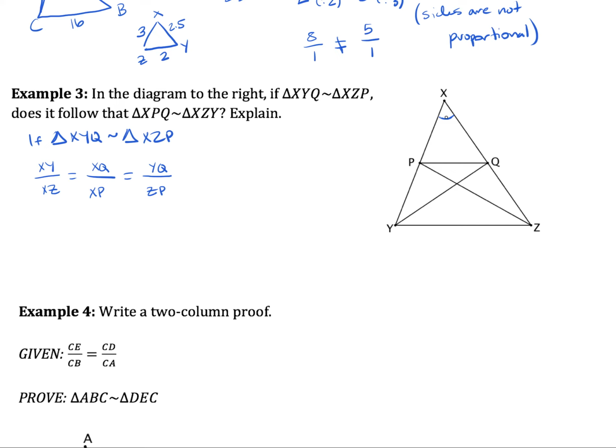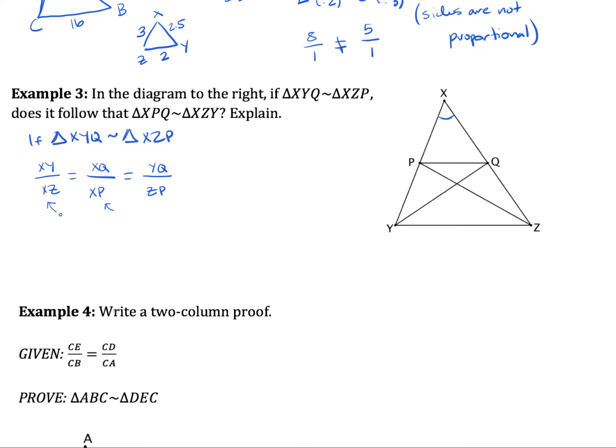XY is a side of triangle XZY. XZ is another side of triangle XZY. So this ratio actually has two sides of triangle XZY in it. Then XP and XQ are both sides of the smaller triangle in this possible similarity. So this ratio also has two sides of one of my triangles in it.